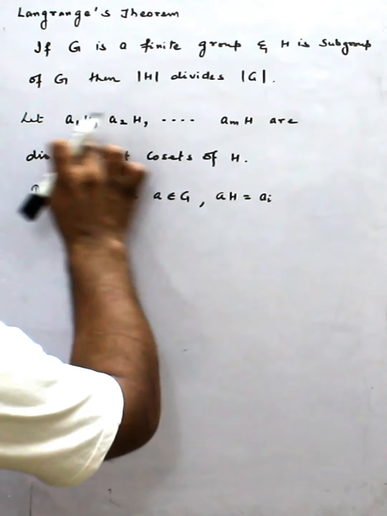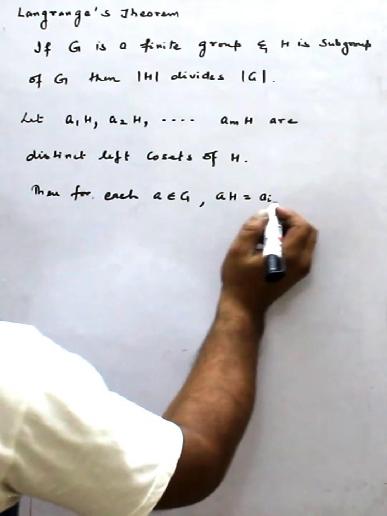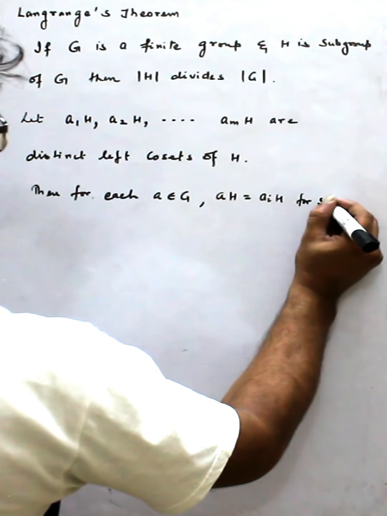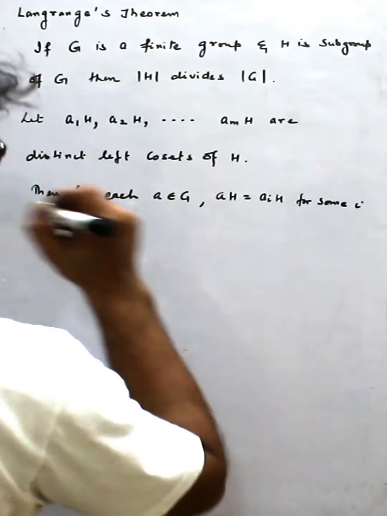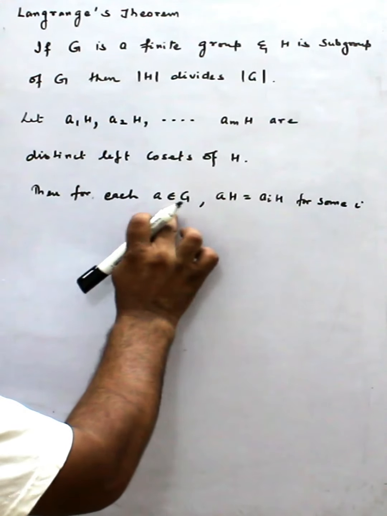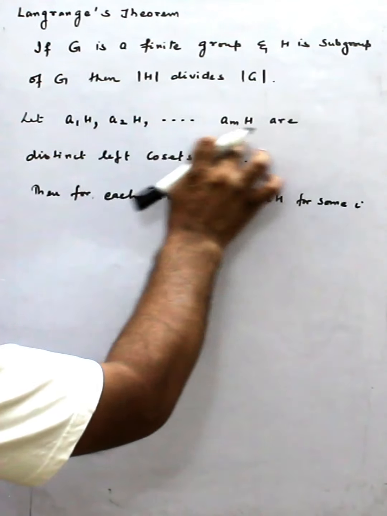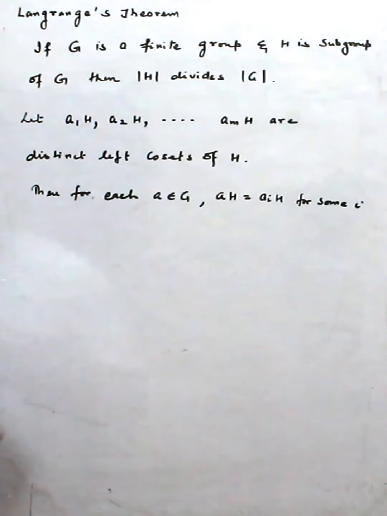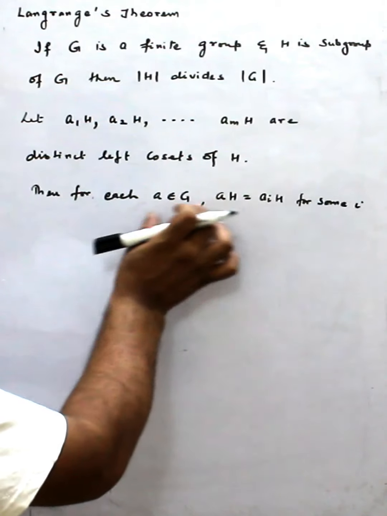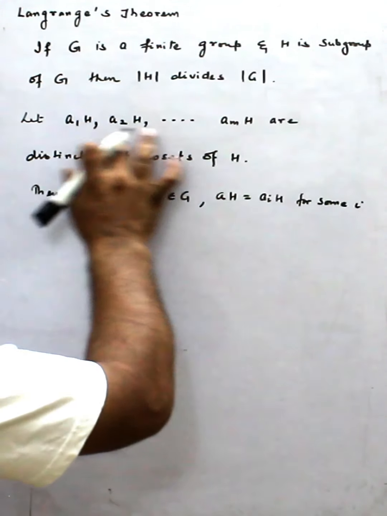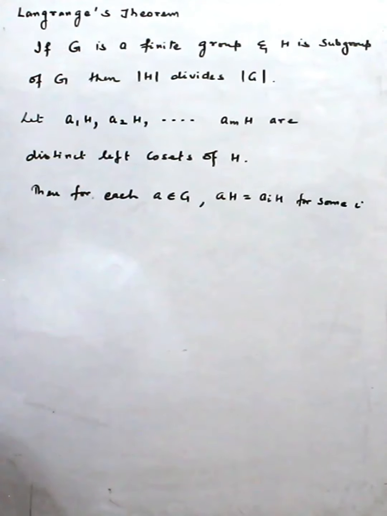That means out of these elements, for each A belonging to G, AH equals one of these. What is the purpose? The purpose is that all elements of G will fall in these cosets.